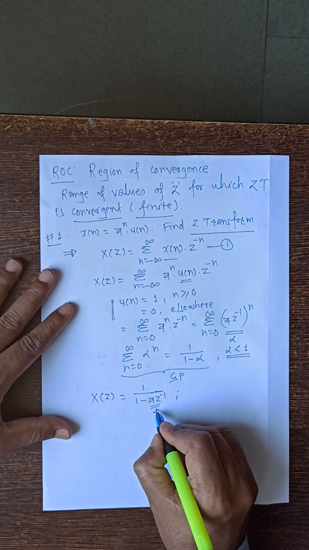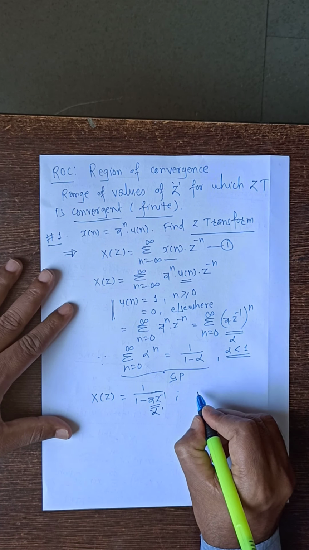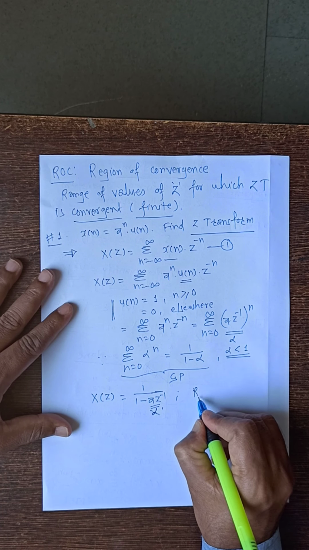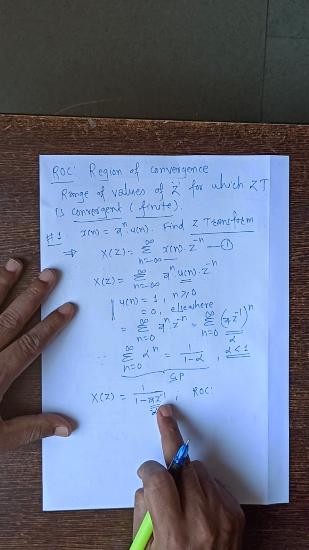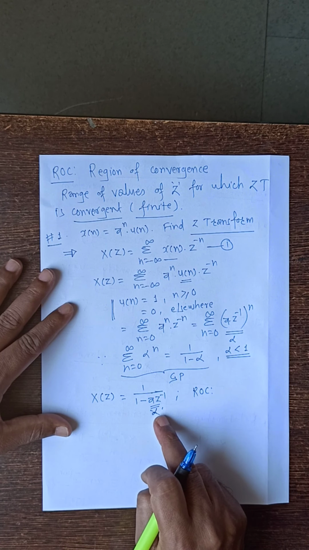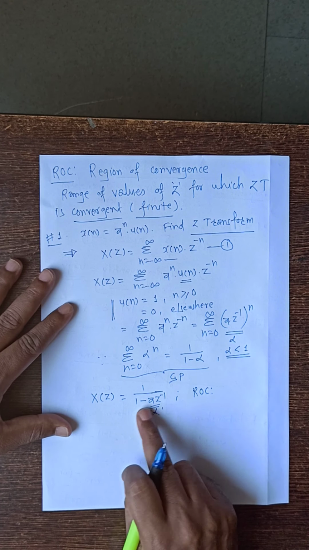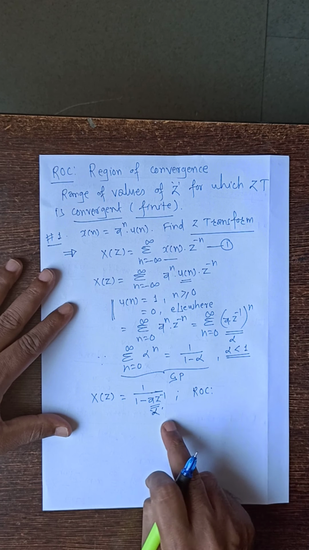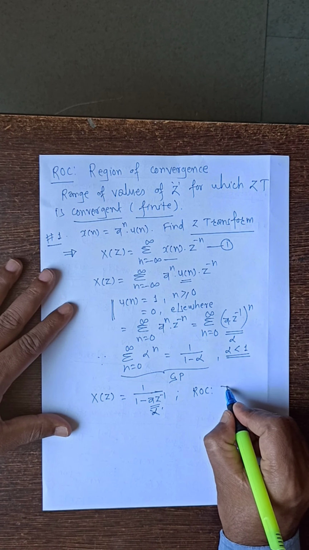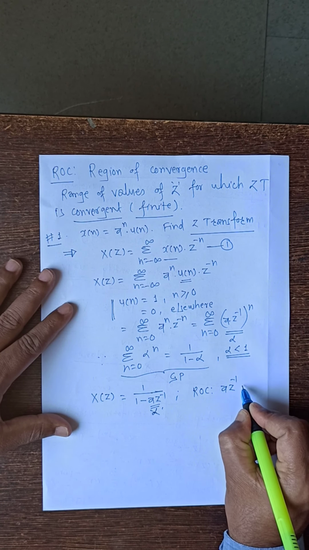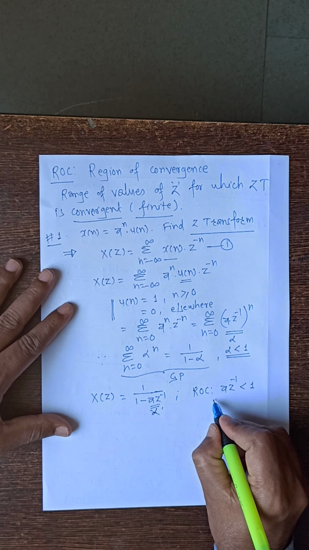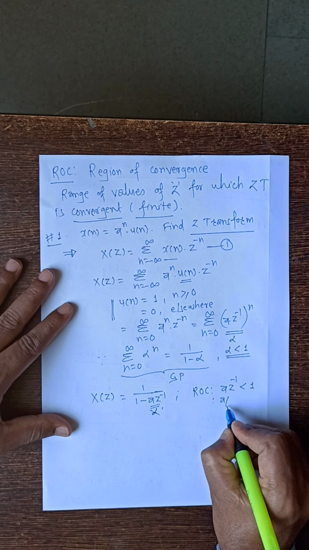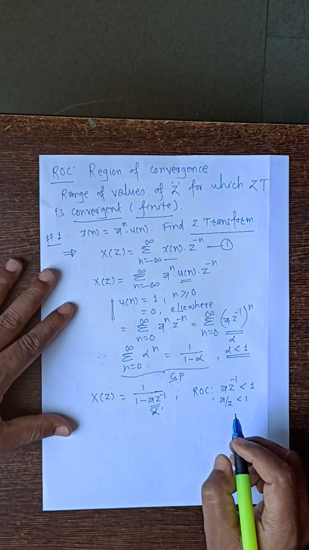Hence we can write the ROC, that is region of convergence. This is going to be valid when a z^(-1), that is alpha, is less than 1. So the ROC is a z^(-1) less than 1. Means what? a by z should be less than 1.